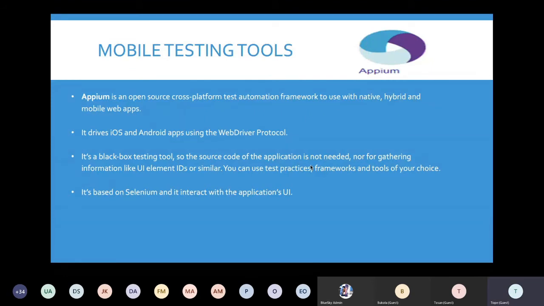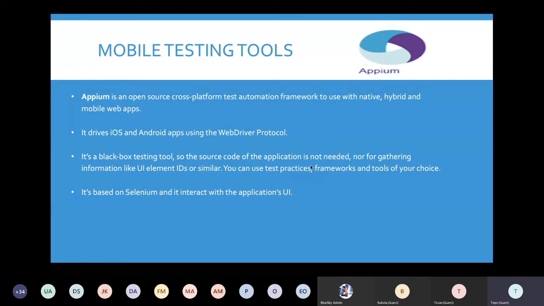The way Appium works is that it drives iOS and Android apps using the WebDriver protocol. You still have your Selenium code written in any programming language that you want.